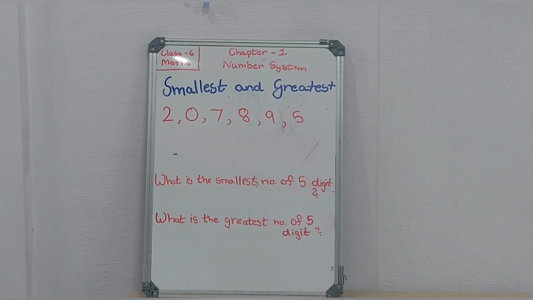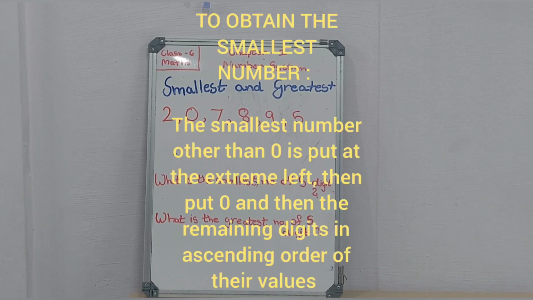Okay. The next topic is to form the smallest and the greatest numbers using the given digits. To obtain the smallest number, the smallest digit other than 0 is put at the extreme left, then put 0 and then the remaining digits in ascending order of their values.